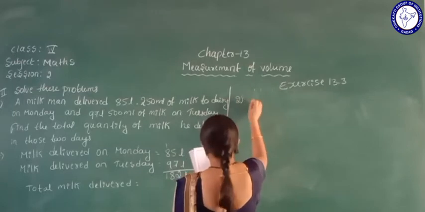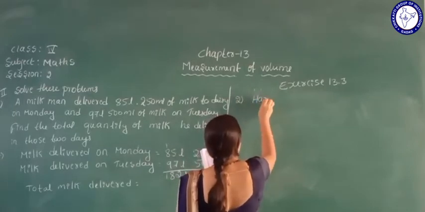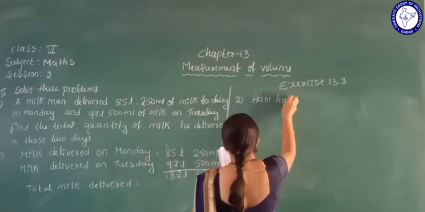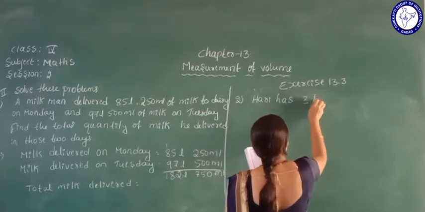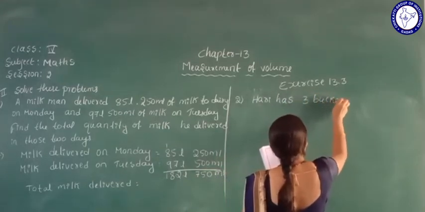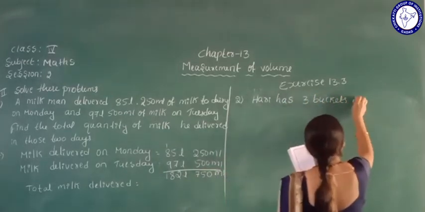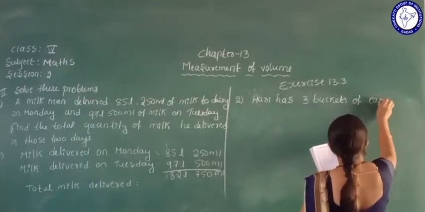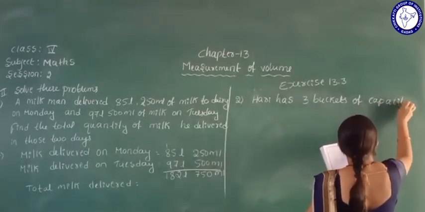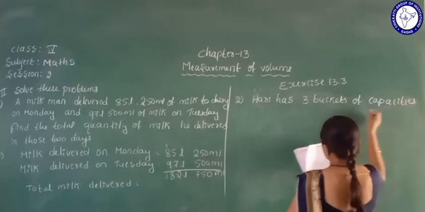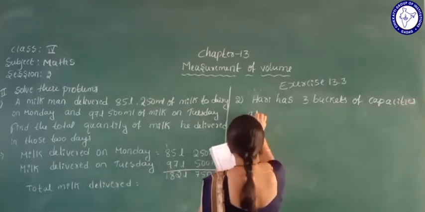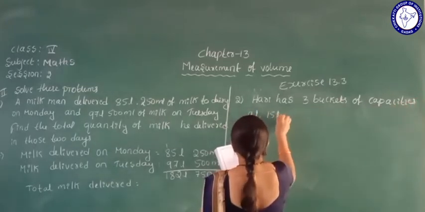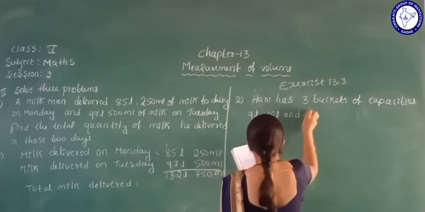Second one, that is: Hari has 3 buckets of capacities 9 liter, 15 liter and 20 liter.